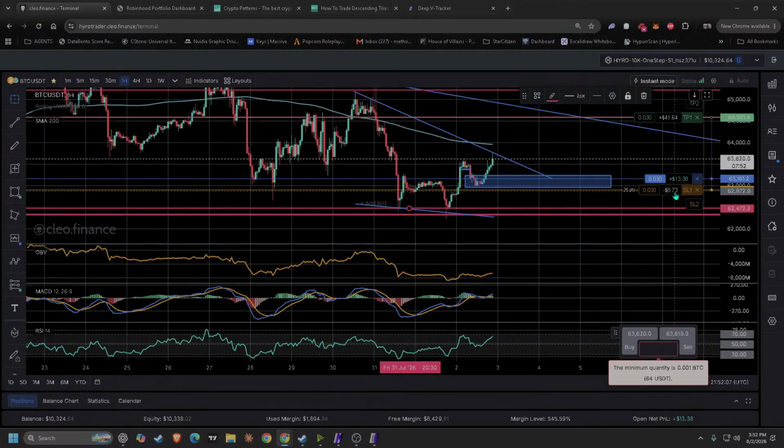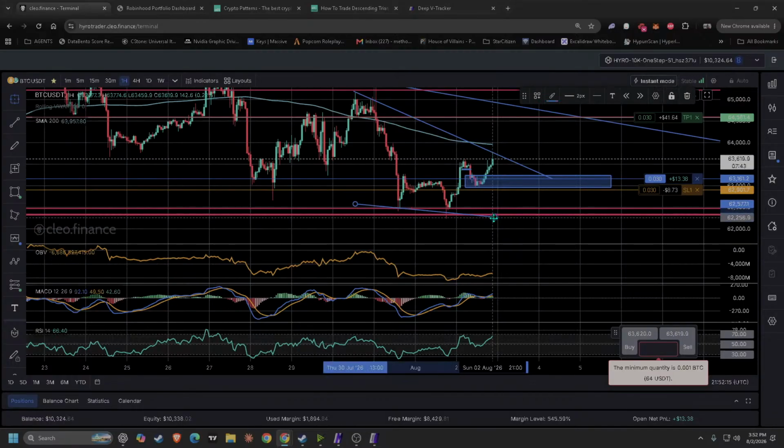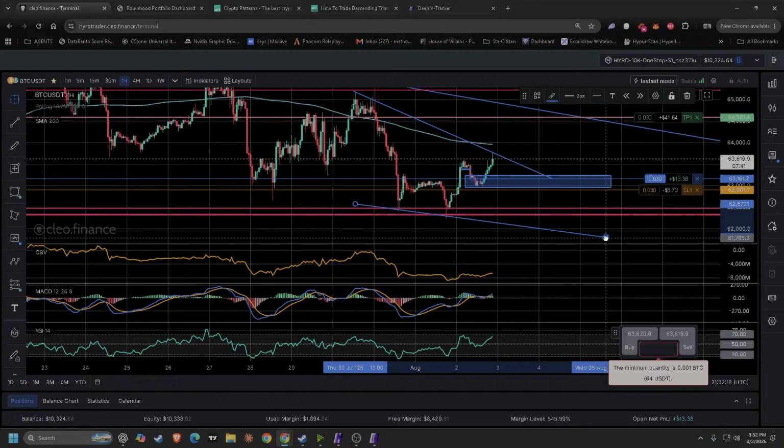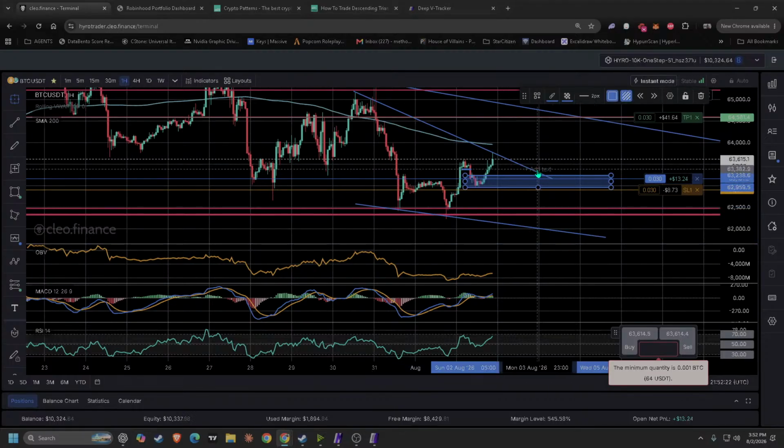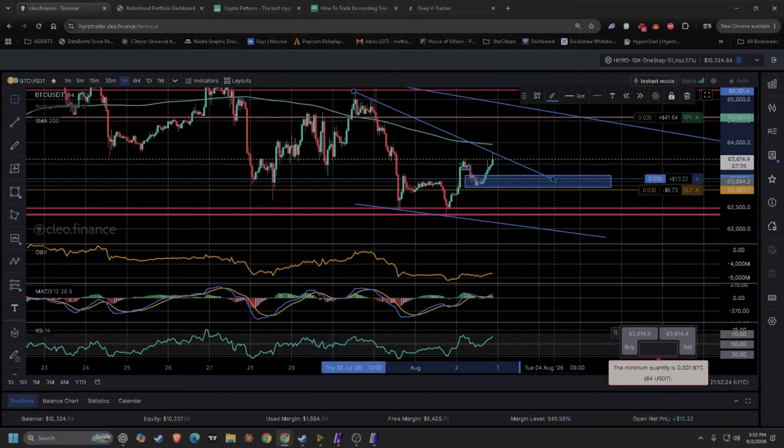So we break through that. I lose. We could also bounce from here, right? And continue down lower and then eventually come up, right? So we could stay in this channel for a while.